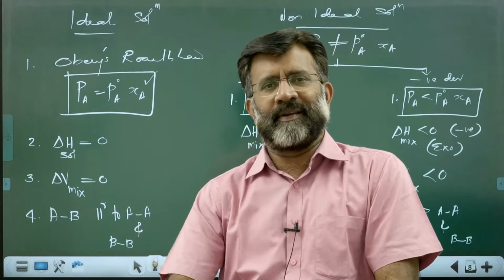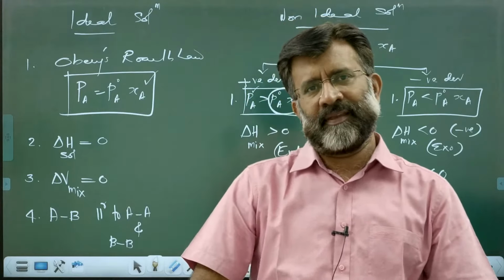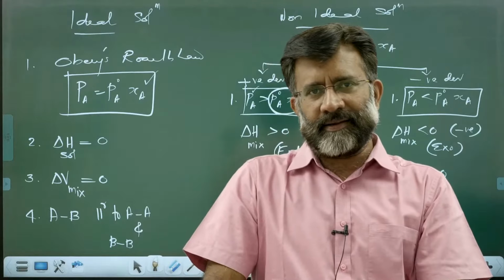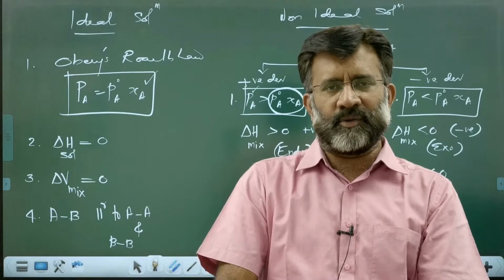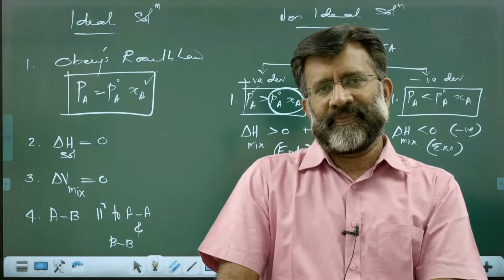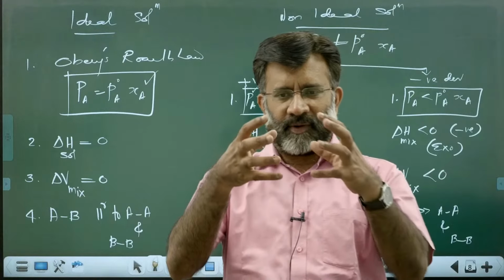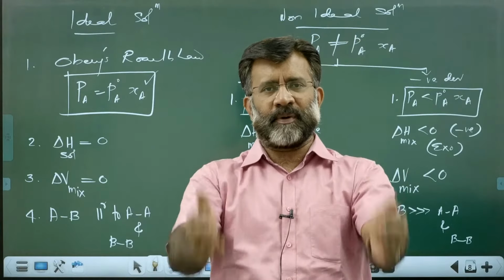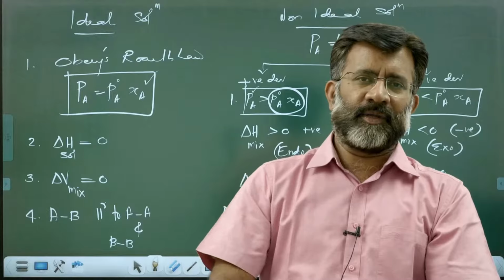So heat is liberated, exothermic. The molecules are coming close, means volume decreases. 10 liters A, 10 liters B, when mixed, you get less than 20 liters. After mixing, molecular attraction increases. So evaporation decreases. Vapor pressure decreases from the theoretical figure.